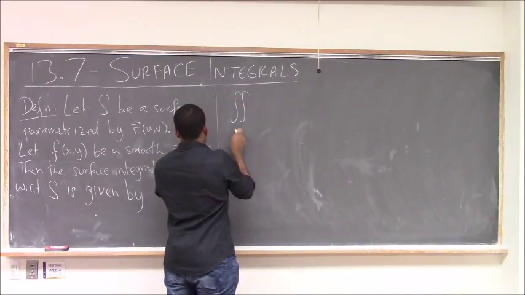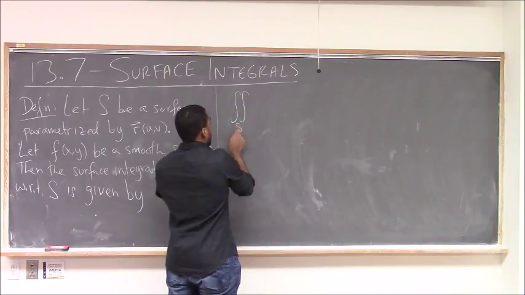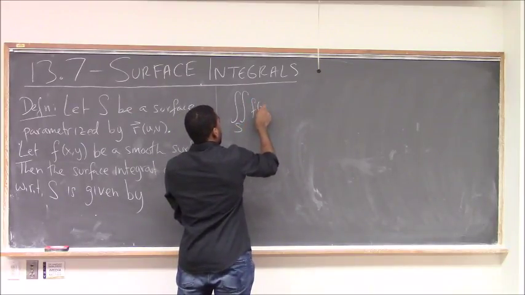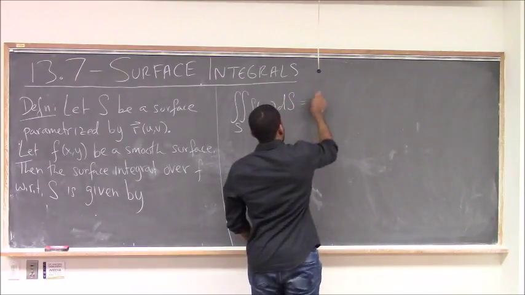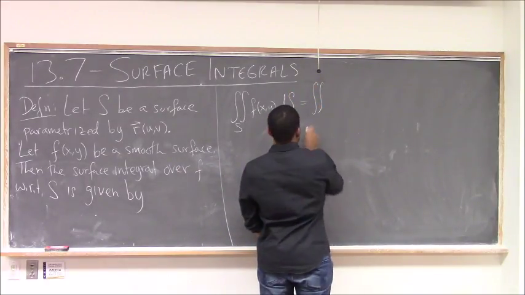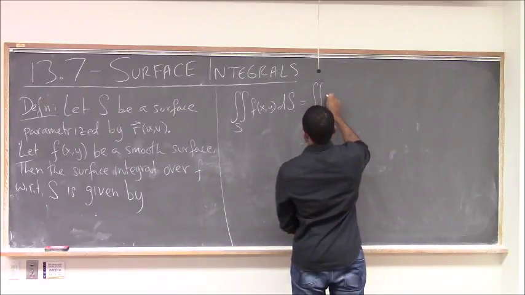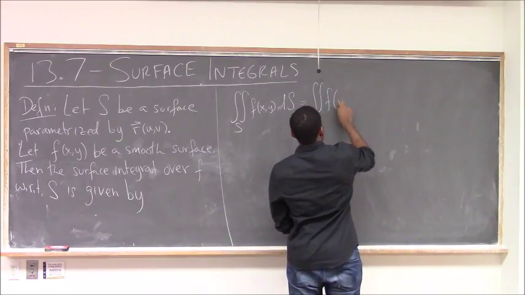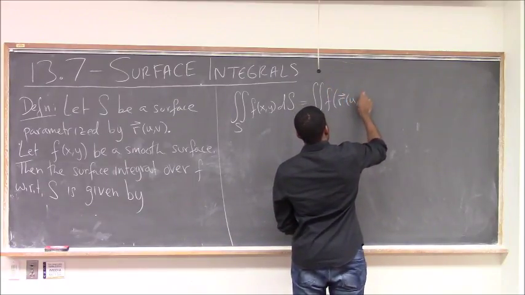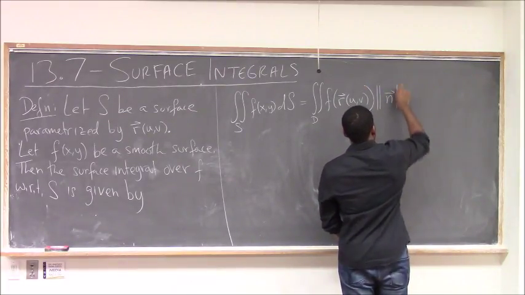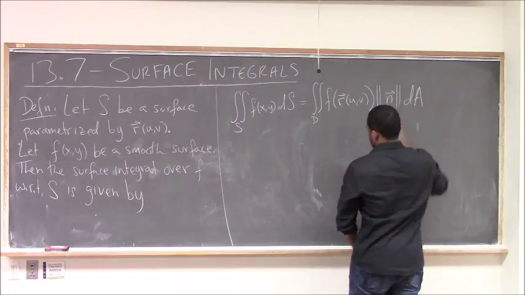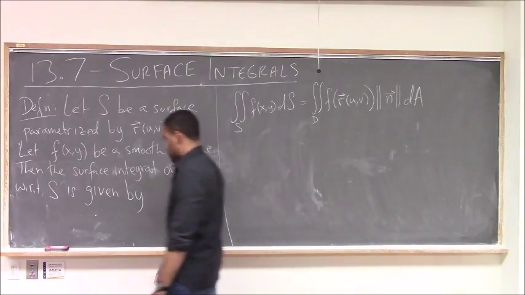The double integral over S of f of x, y, z dS equals the double integral over D of f of, you plug in your parameterization, multiplied by the magnitude of the normal vector, dA.